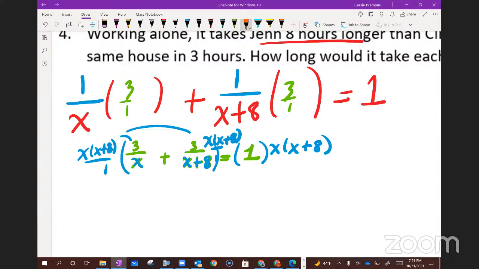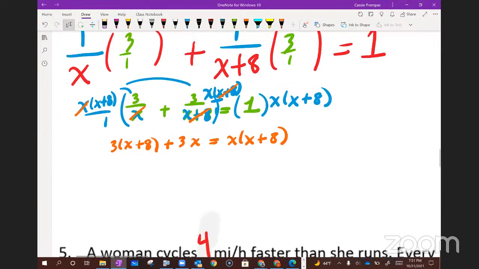Reduce before you multiply. So x goes into x, and I have 3 times x plus 8, plus x plus 8 divided by x plus 8 is 1. 3 times x is equal to x times x plus 8. Start simplifying. So this will give me 3x plus 24 plus 3x equals x squared plus 8x.